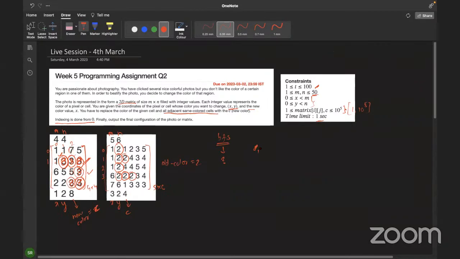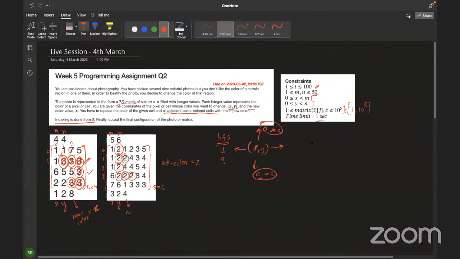We're given the coordinates of X comma Y. We get this cell, and we look at the adjacent cells of this cell. Once we find the old color anywhere in these adjacent cells, we change the color to C. Then we look over these adjacent cells, and we continue this process again and again.